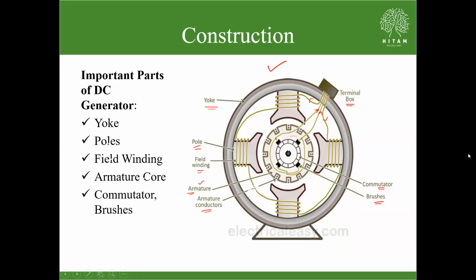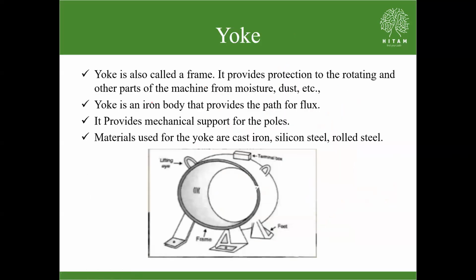We will go in detail, part by part. So the first one is the yoke. What is the purpose of the yoke? It is the outer frame, which provides protection to the rotating and other parts inside the machine from different factors present in the atmosphere, that is, moisture, dust, and gaseous components which can interact and cause chemical reactions.